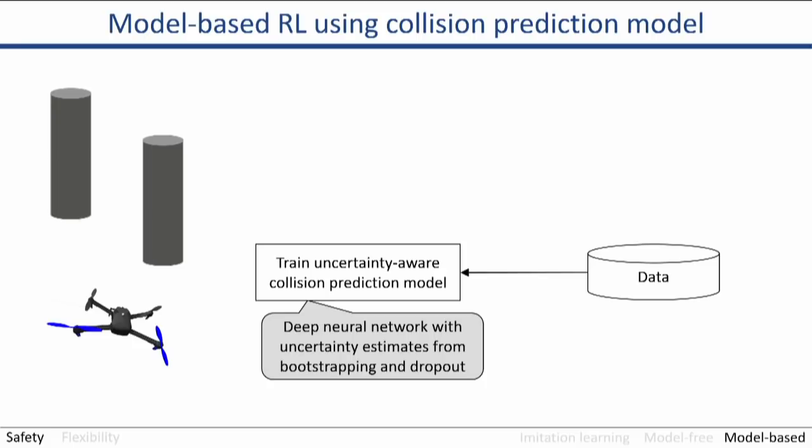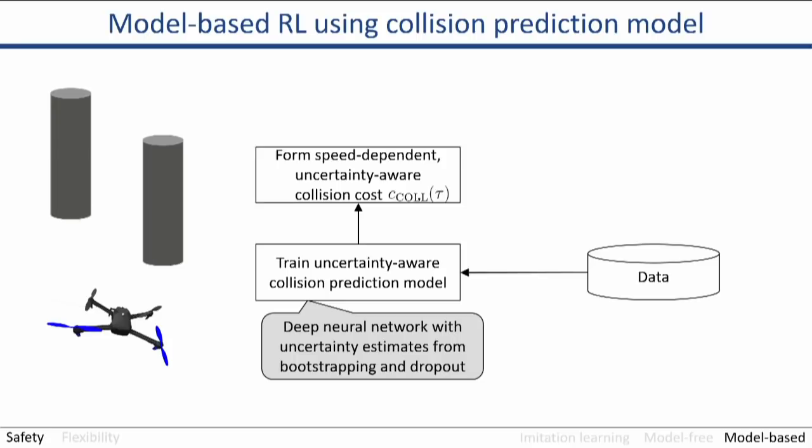And this is going to be a deep neural network with uncertainty estimates from bootstrapping, which I think Sergey talked about before, and also dropout. So these are kind of modern methods. Well, some of them are old methods renewed for neural networks, but methods to get uncertainty estimates from our neural network model.